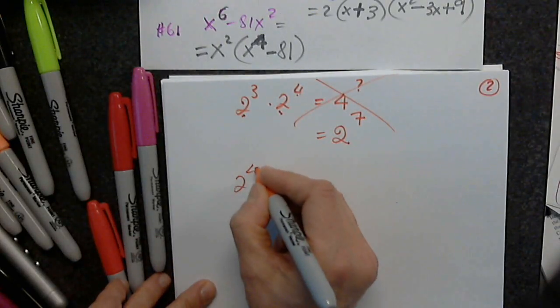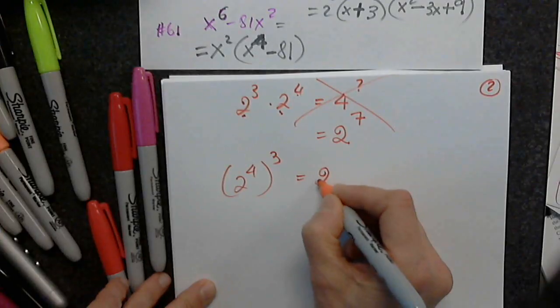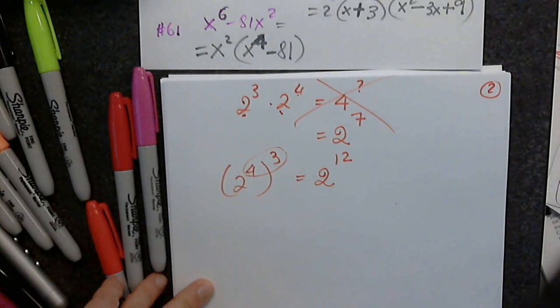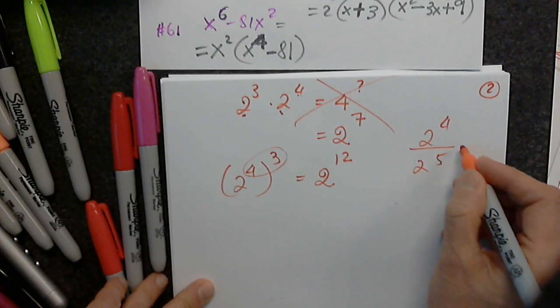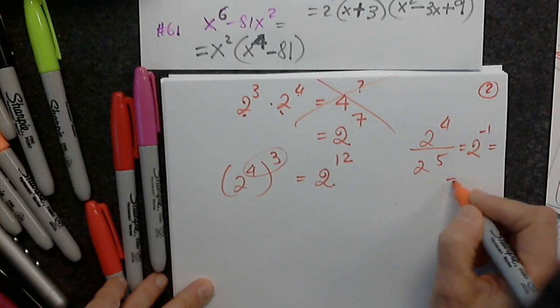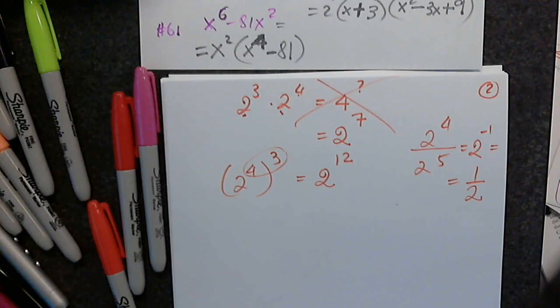When you take to a power, this is the most powerful one. You copy the base and multiply the exponents. And when you divide 2 to the fourth by 2 to the fifth, 4 minus 5 is -1, and that's why we have to write 1/2. So these are the 3 power rules that we have to remember.